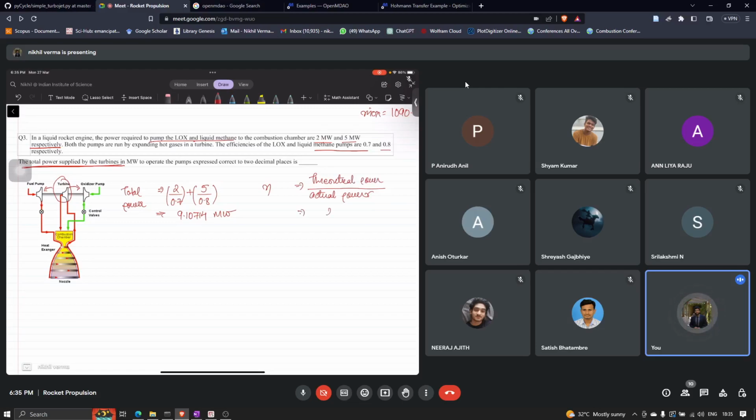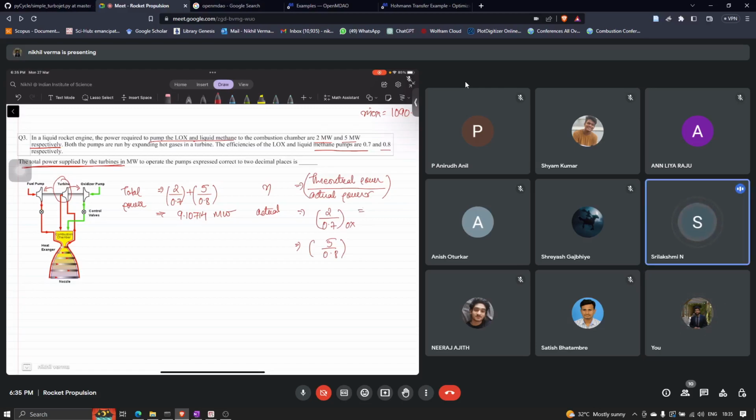So theoretically it is 2, and the actual power supplied is 2 divided by 0.7 for the oxidizer, and similarly for the fuel it is 5 divided by 0.8. Whatever you're supplying is just the sum of these two, so that's why it is 9.107.